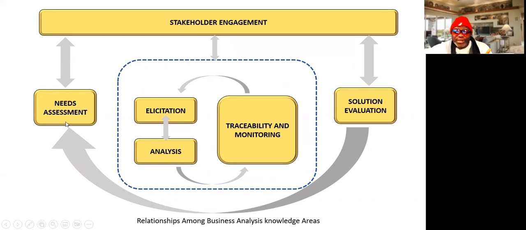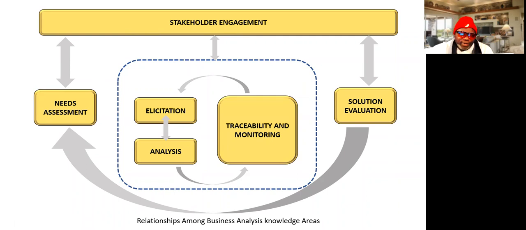Is this all, or is there more? And the PMI is just trying to show you from this image that there's a relationship, and it is so interwoven. We could probably draw a lot more arrows, but the PMI represents stakeholder engagement with everything. They're just trying to show you that everything is to do with how the stakeholder interrelates.